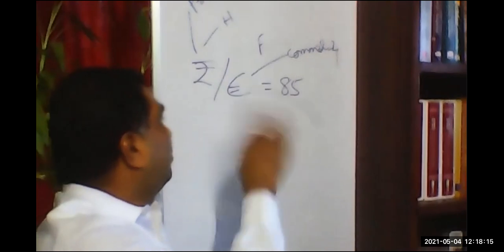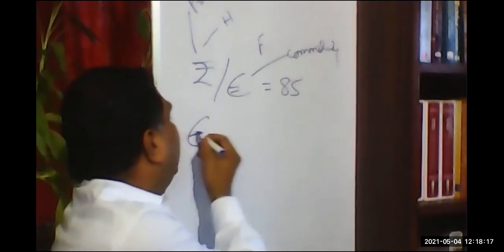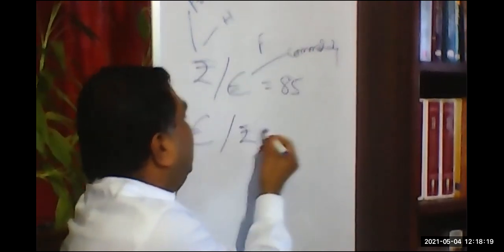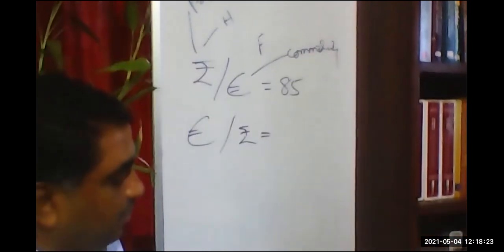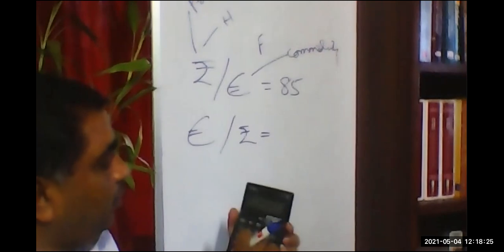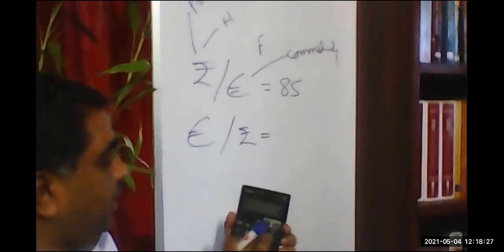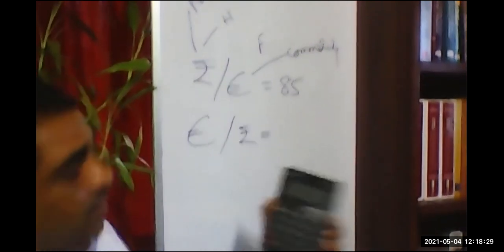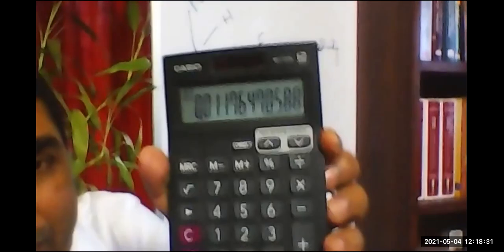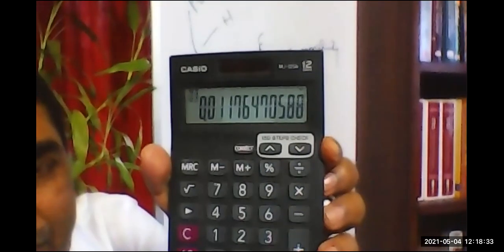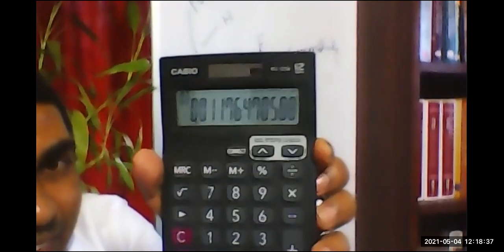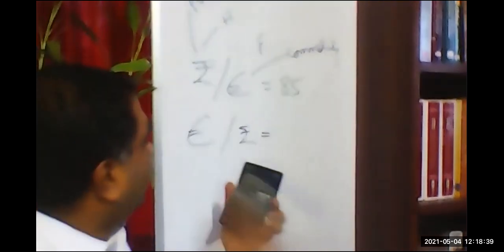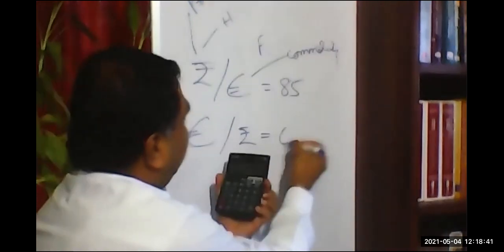Okay, if I want to change it, let us say I want to make it euro by rupees. Euro by rupees, then I have to find it. So if rupee by euro is 85, the euro by rupee will be 1 divided by 85. With inverse of that thing, you can see it, how much it comes. Can you read it? 0.0176470, but we won't go beyond 4 digit convention, right?